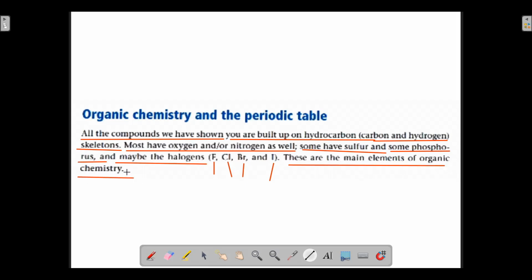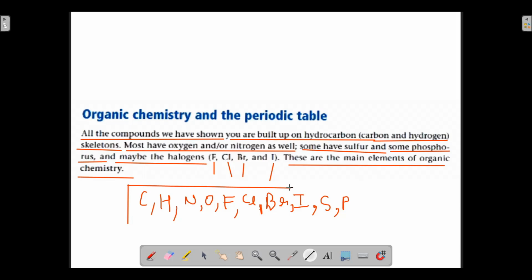What are the main elements? From this paragraph, we can say that carbon, hydrogen, nitrogen, oxygen, fluorine, chlorine, bromine, iodine, sulfur, and phosphorus are the main elements of organic chemistry. You should remember this fact.